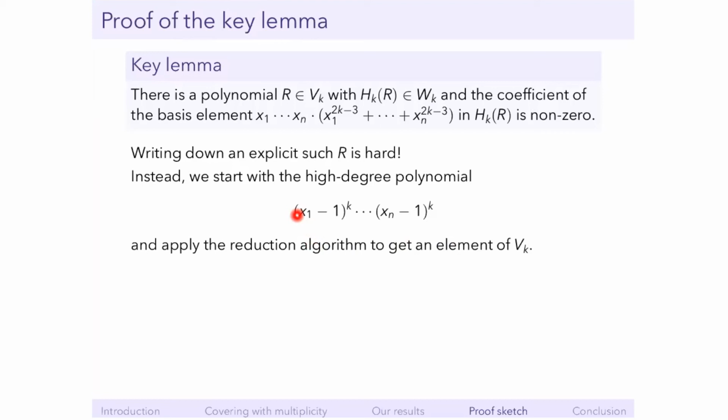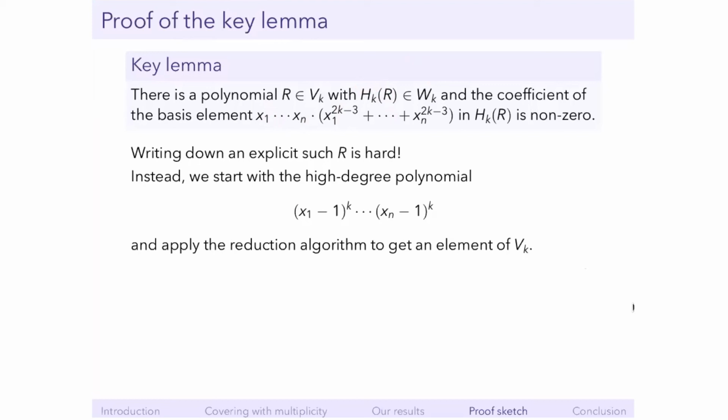So if I apply the reduction algorithm to it, I'll get an element of V_k, which remember V_k was the space of reduced polynomials that vanish to multiplicity at least k outside the origin. So I apply the reduction algorithm, I get some polynomial, and then the hope is that this polynomial that I get will be the magic r that I'm supposed to get to prove this key lemma.